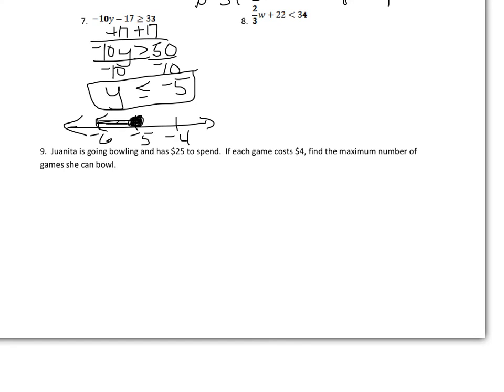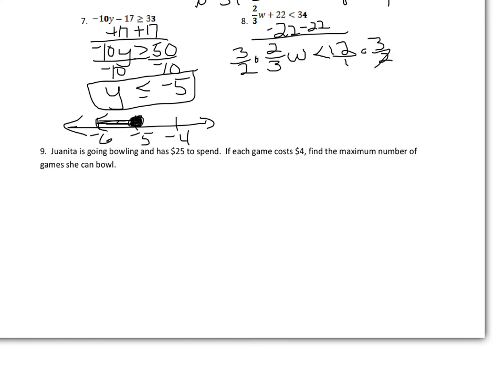And then in number 8, we'd subtract 22 from both sides. We'd have 2/3 w less than 12. Then to cancel the 2/3, it's dividing by 2/3 or multiplying by the reciprocal, which is 3/2.